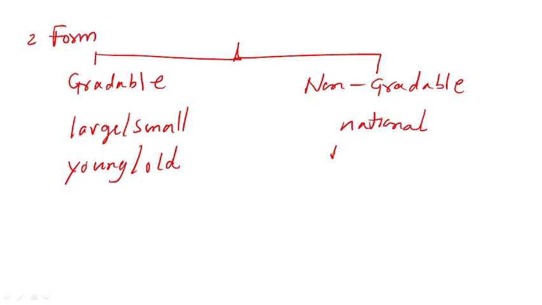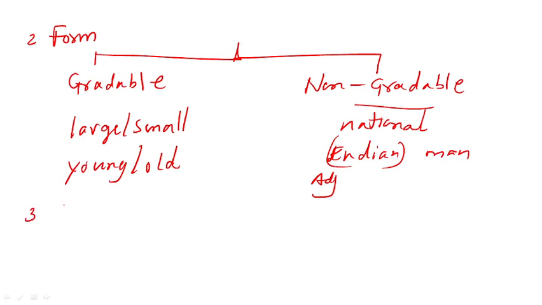For example, Indian man. Now this Indian is here an adjective, and you cannot say little Indian, large Indian, big Indian. So this is a non-gradable adjective.